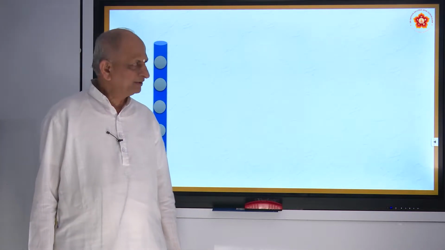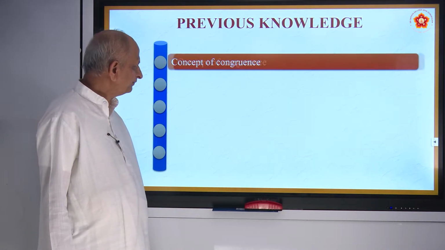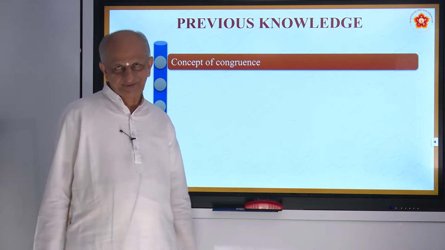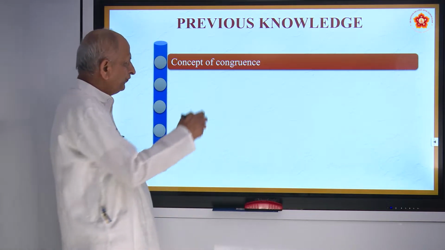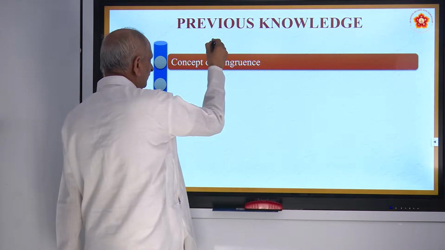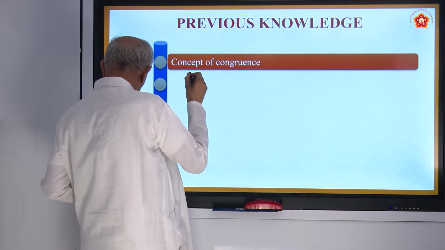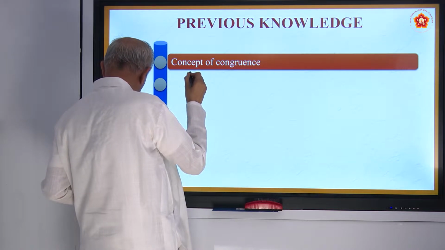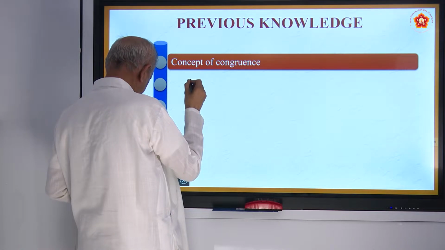Is it not? So, what we have discussed first was congruence. Two figures are said to be congruent if all the identities, say angles or sides, are equal.